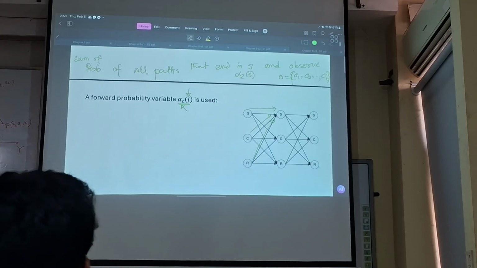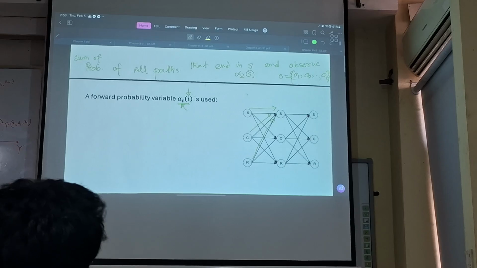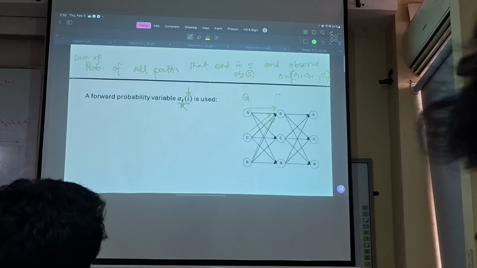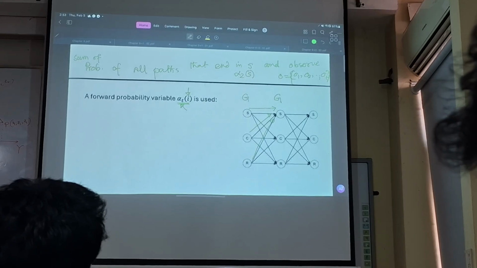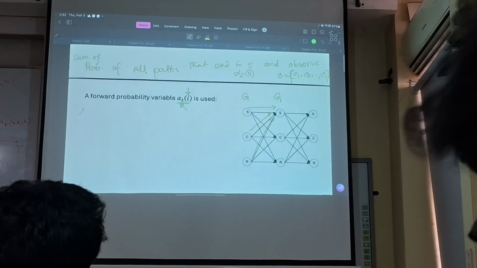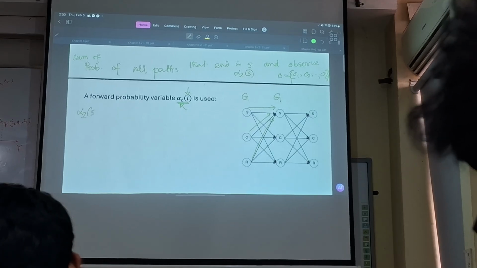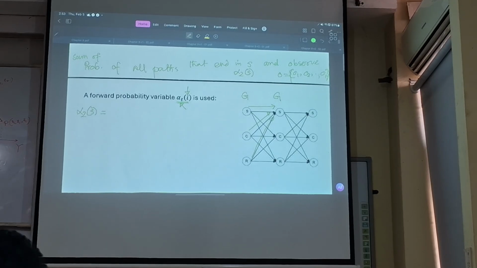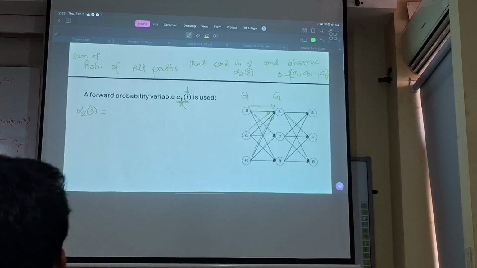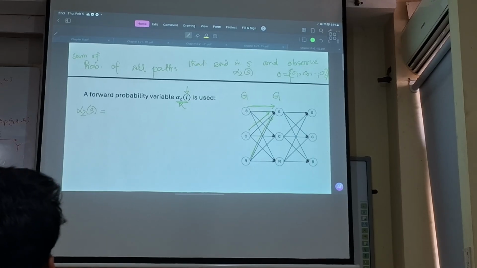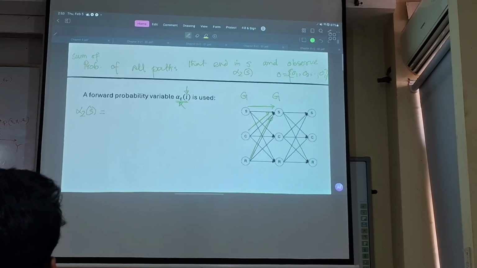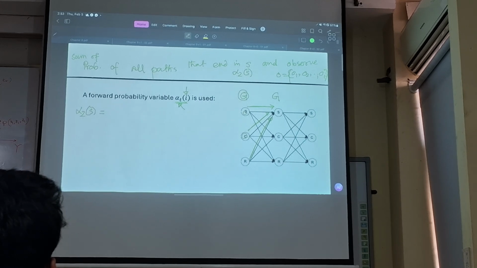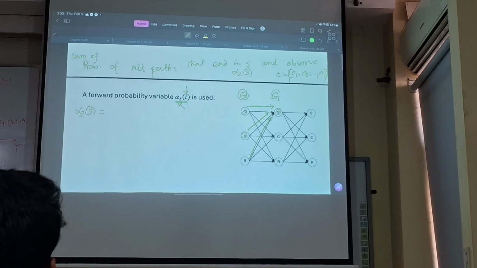So if it is OT, that means it has to observe the sequence G, it has to observe the sequence G. So this alpha now we can define it, alpha 2 S is the sum of all probabilities from here to here, here to here, here to here. At the same time, we need to mention that when we are here, we observe this symbol. When we are here, this one. When we are here, we observe this symbol.